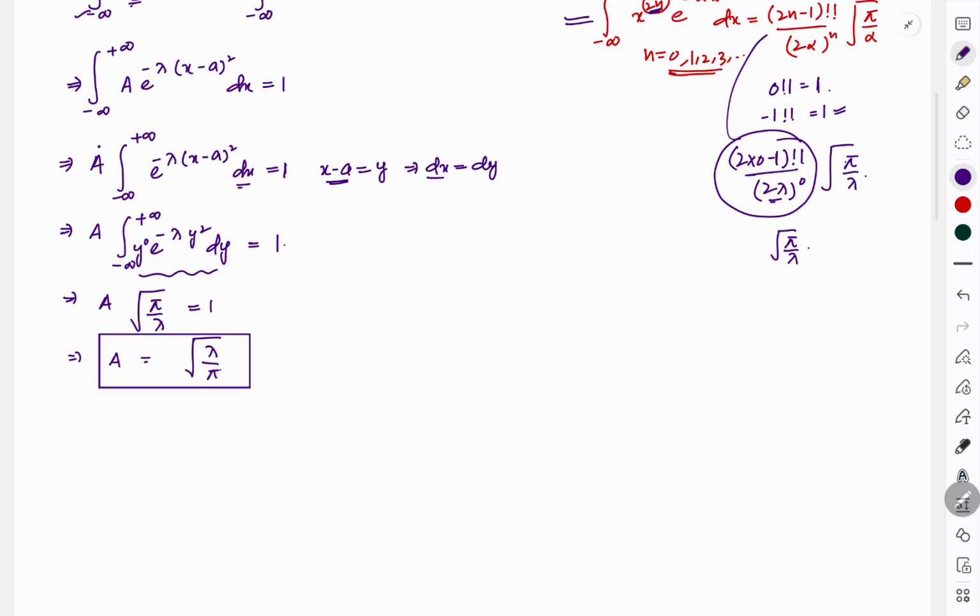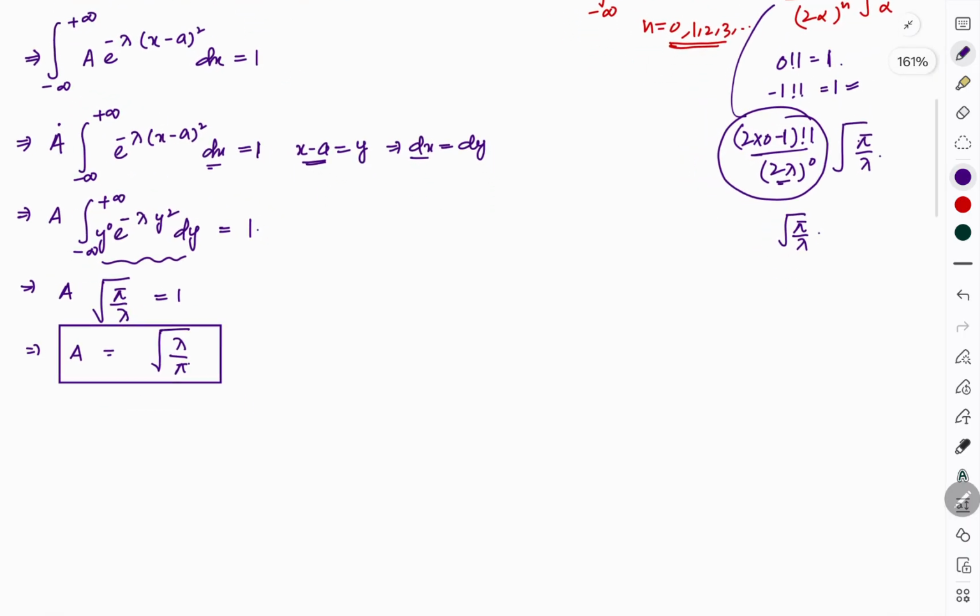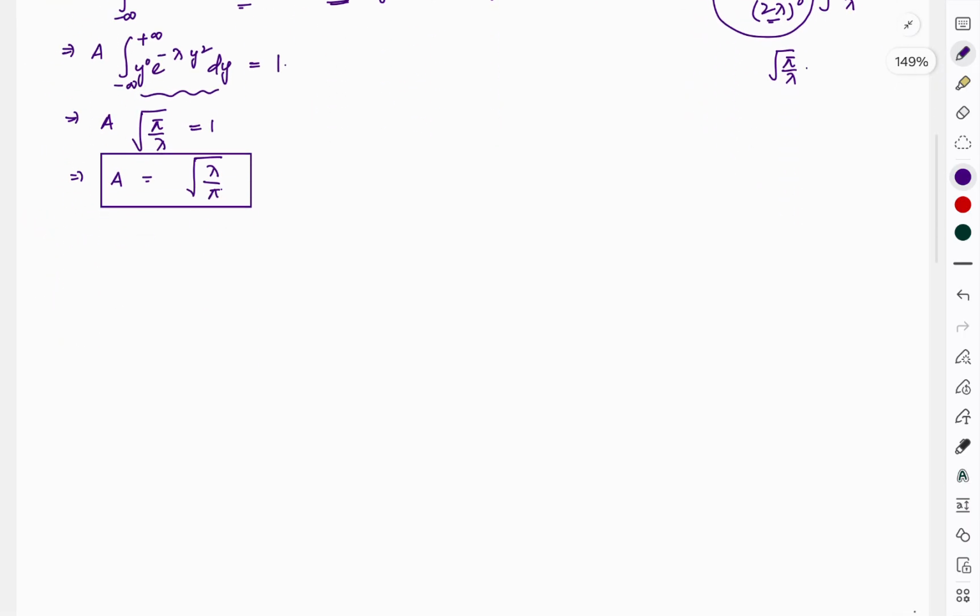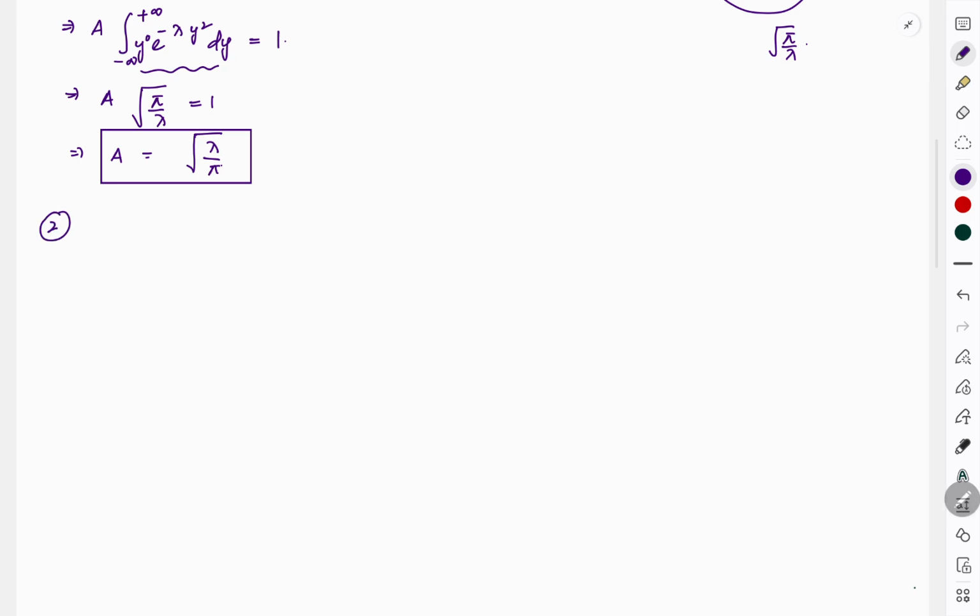Now let's move to the second part, which is the expectation value of x. The definition of expectation value of x is the integral from minus infinity to plus infinity of x rho of x dx, and rho of x is the probability density.